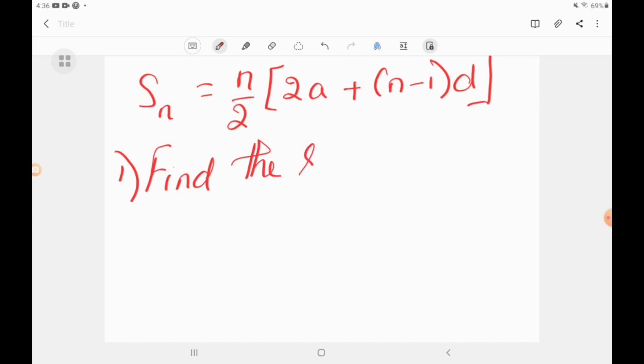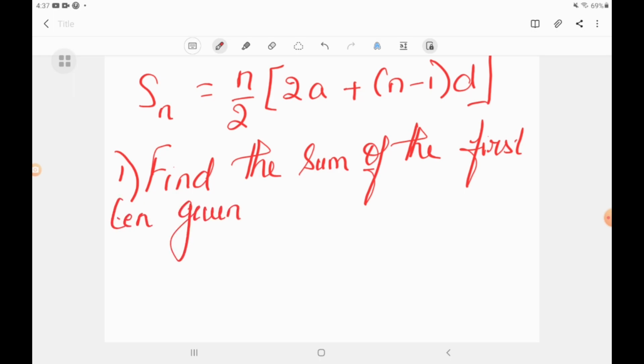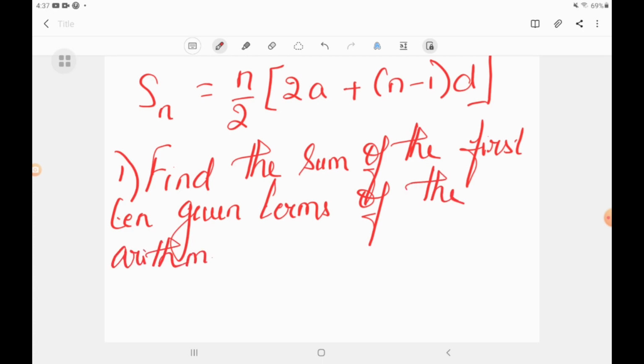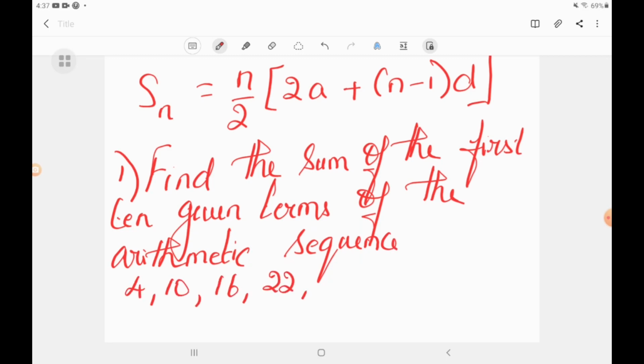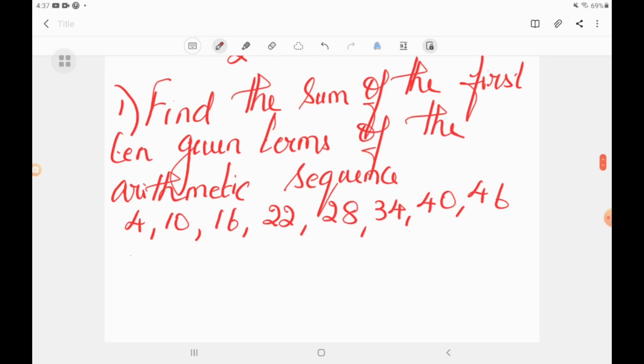Find the sum of the first 10 given terms of the arithmetic sequence 4, 10, 16, 22, 28, 34, 40, 46, 52 and 58.